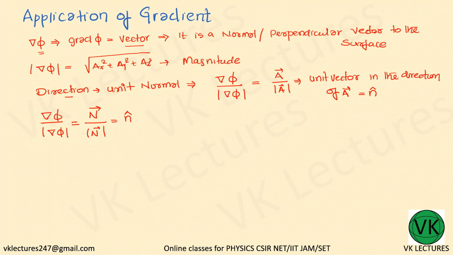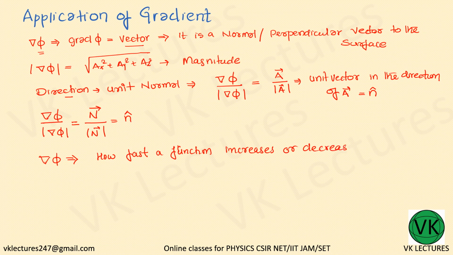Now, what does it tell you? Grad phi, gradient of phi means it tells you how fast a function increases or decreases with respect to time or space, but usually it is space gradient.